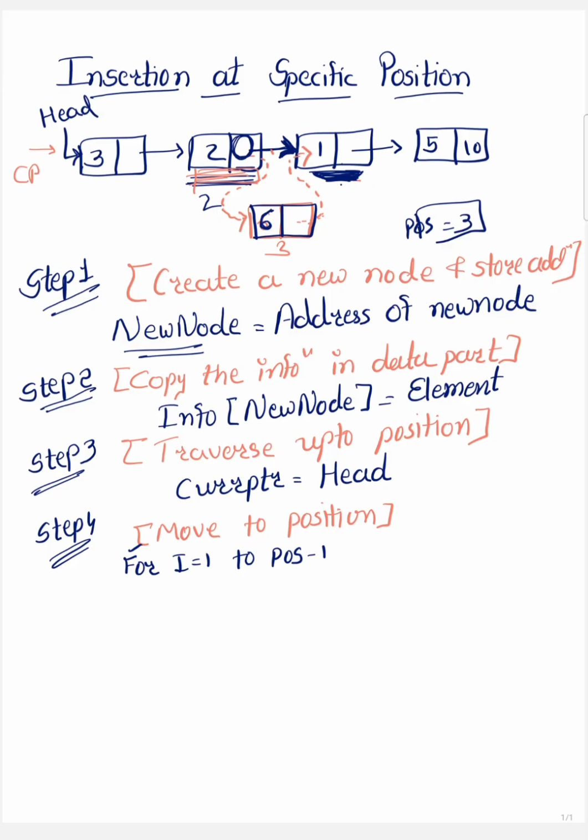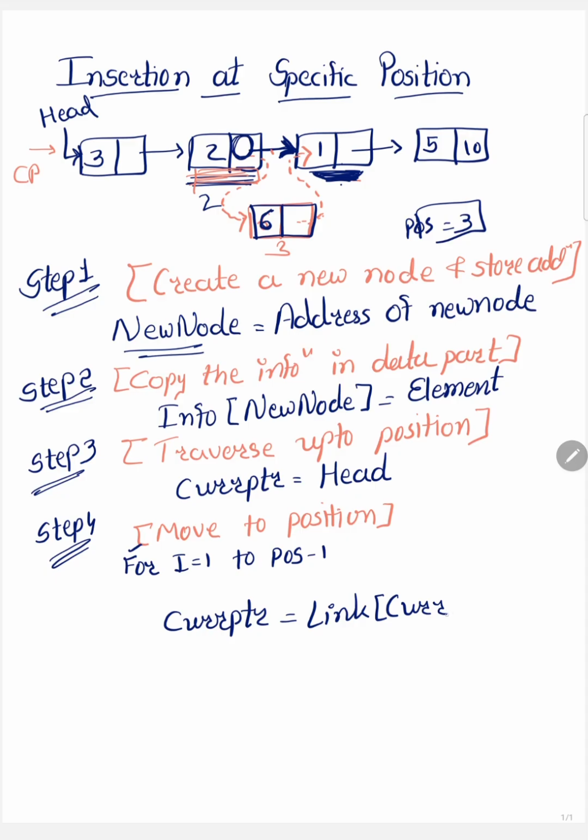So along with that, this is one scenario: i is equal to 1 to position minus 1. Simple, we need to hop the current pointer, so current pointer is equal to next of current pointer.